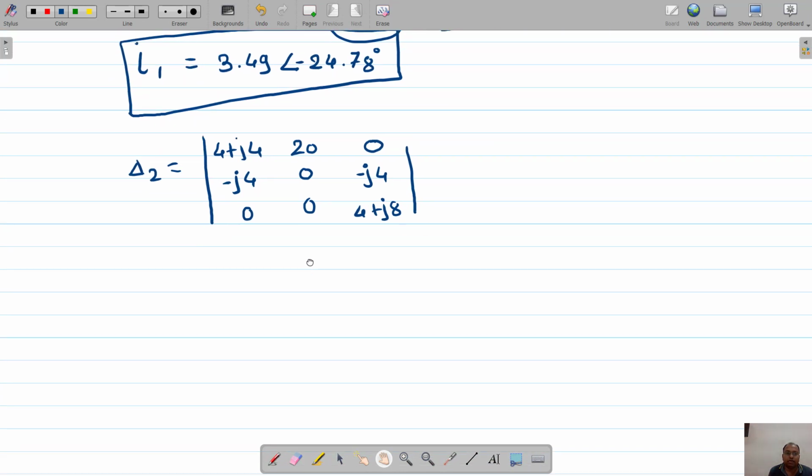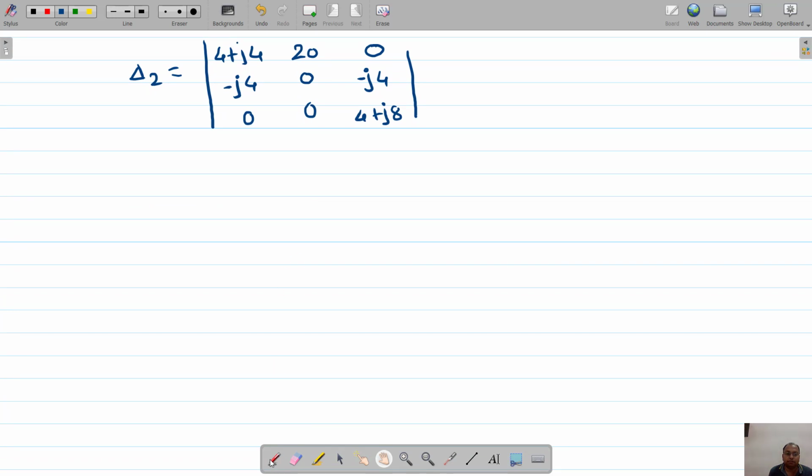Now let us calculate delta 2 again. How to calculate it? 4 plus j4, fine. Four elements will be these four elements over there. As these two zeros are there, it is going to become 0 definitely, so no need to go for the calculation for that. Minus 20.